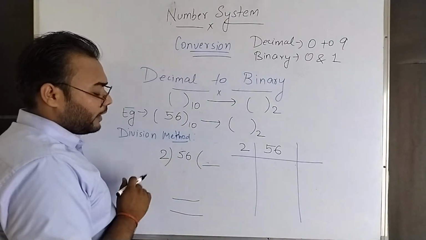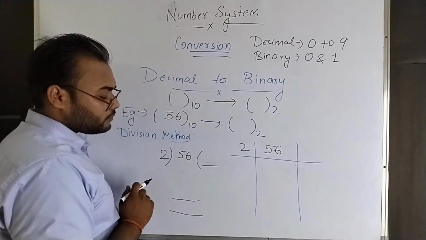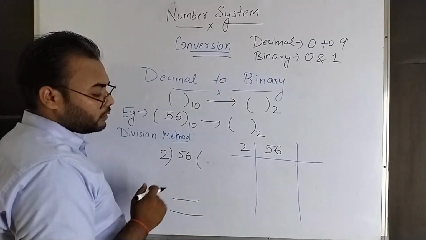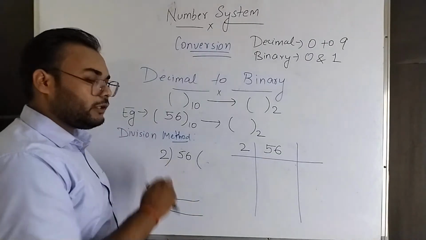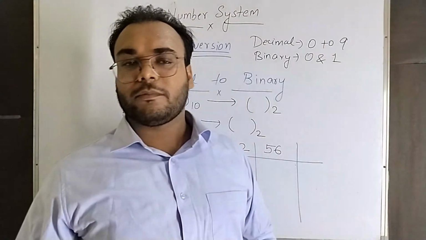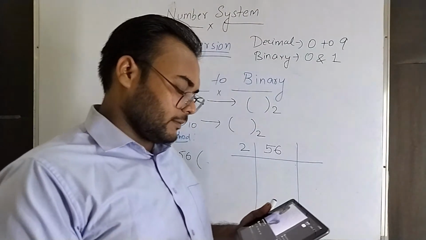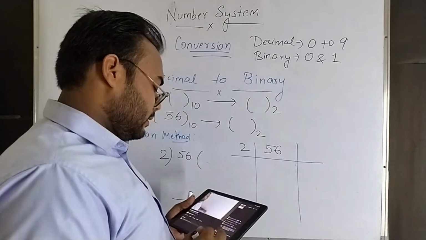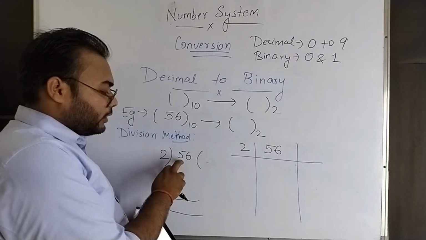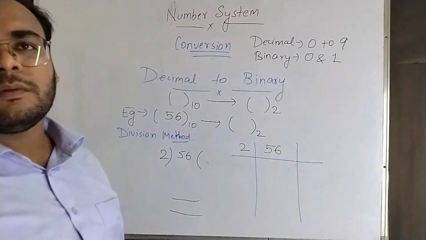Now we are going to divide this 56 by 2. How many times will it go? Just tell me, answer fast, everyone. Comment fast, I'm going to check your comments. I'm just asking what 56 divided by 2 is.